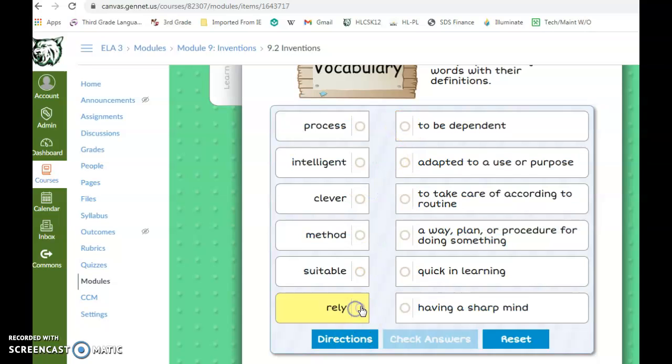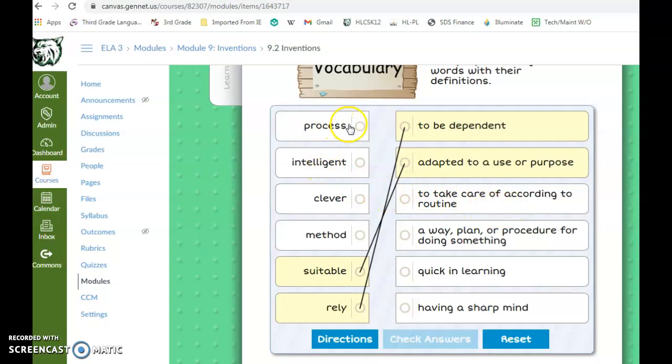Let's see, how do I... Okay. Adapt to a use or purpose. You adapt to a use or purpose. Is suitable. To take care of according to a routine.